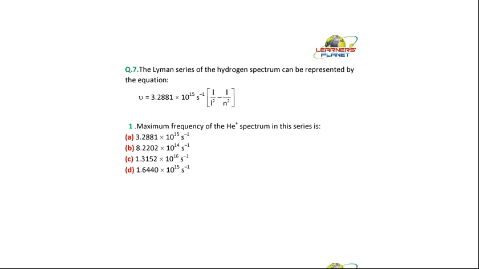Now students, remember one thing that I told you in my previous session also. When the electron is coming from infinity to any level, it may be 1, 2, 3, let's take up 1, what happens? Maximum energy is released. Now when maximum energy is released, what will be the frequency of light?